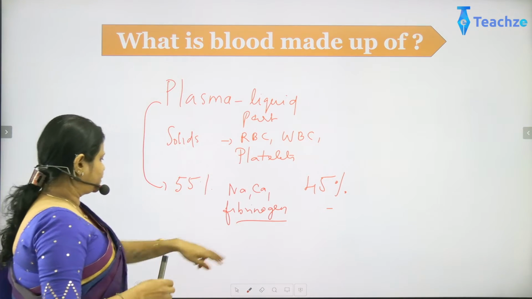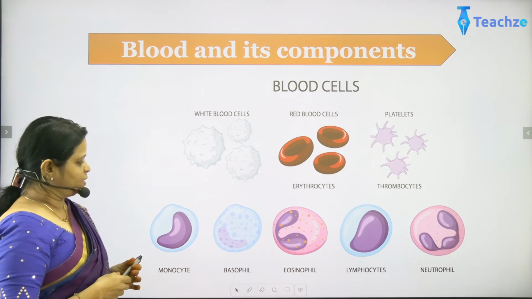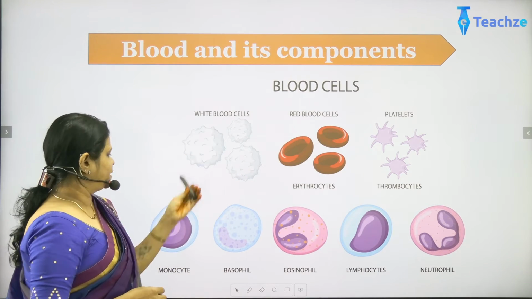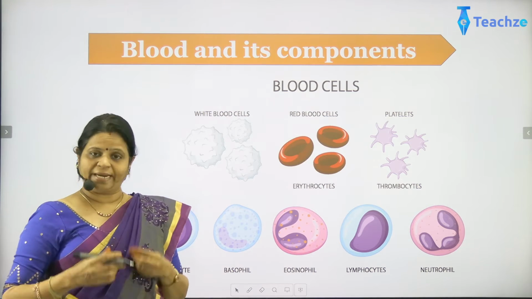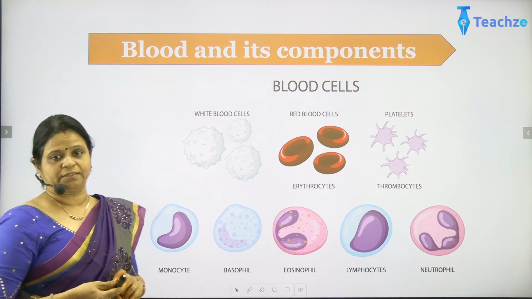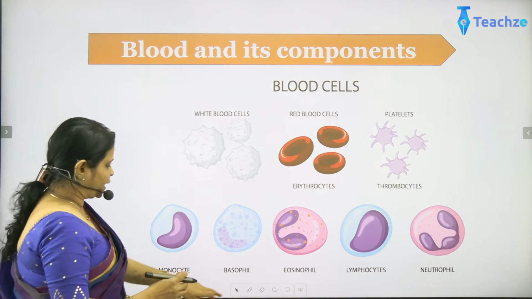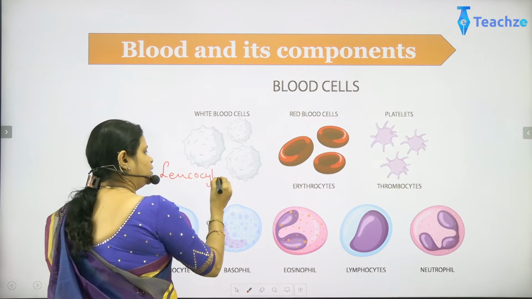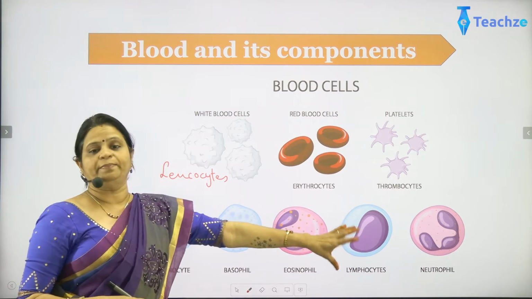Now let's look at what is present in the blood cells. On the screen we see RBCs, then the white blood cells, and the platelets, which are called thrombocytes. Now we will try to understand this. RBCs are otherwise known as erythrocytes and WBCs are otherwise known as leukocytes. The things given below here are all types of WBCs.